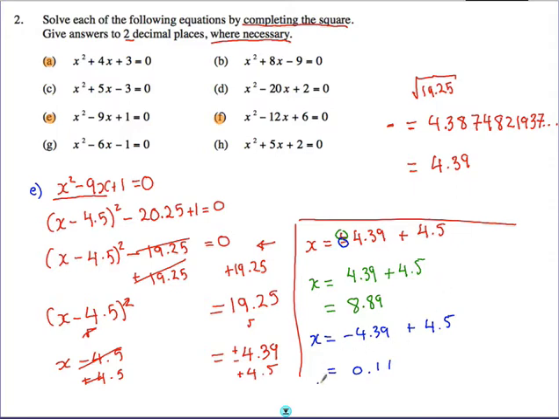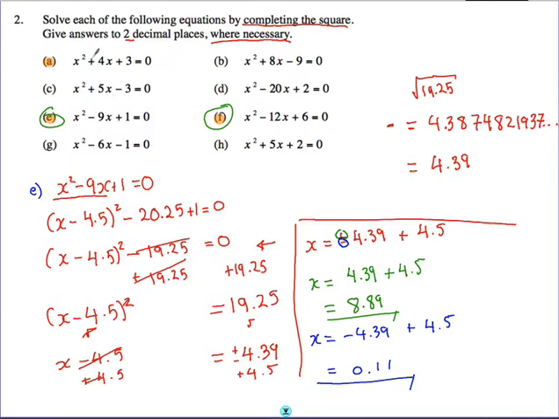So x could have been 0.11, or x could be 8.89. And that is it. I don't think I should do f, because f is pretty much the same as e. I just wanted to achieve a question where we need to do square roots and get a decimal.